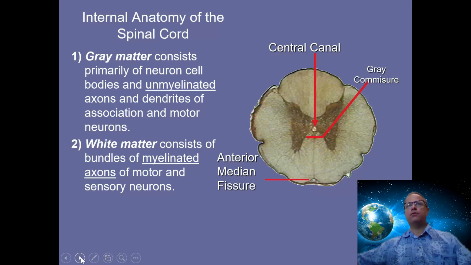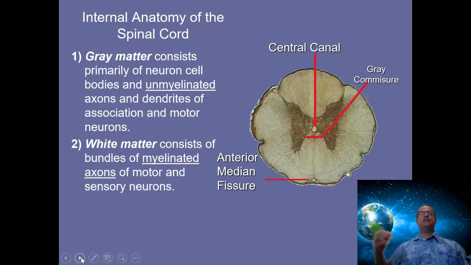Now, in addition to having sensory information going in and motor information going out, the spinal cord is a very important region for integration and processing. And the area where integration and processing happens is the gray matter. Remember when we said the brain, the gray matter was on the outside in the cortex, but in the spinal cord, the gray matter is reversed.